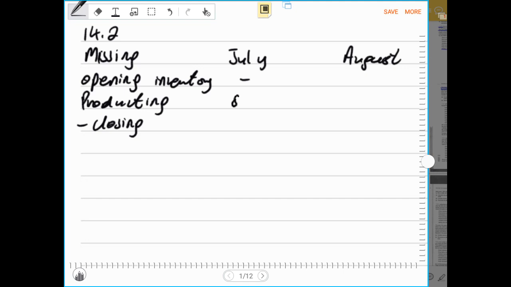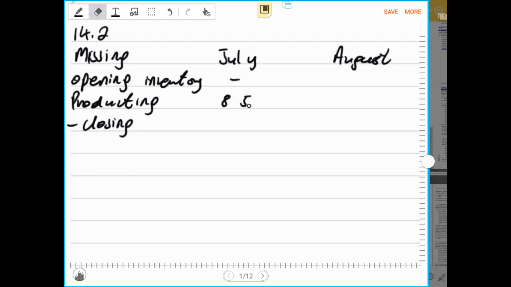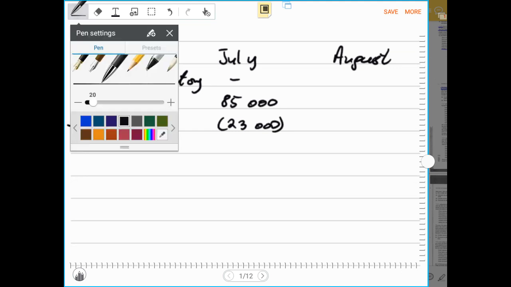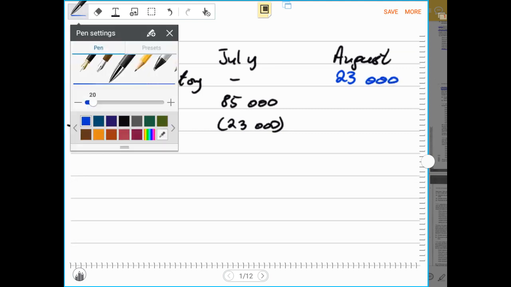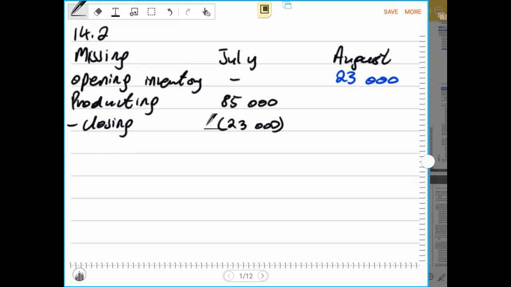Production is 85,000 units, and our closing was 23,000 units. We know that closing becomes opening of the next month. Therefore this closing will be the opening of the following month, which is 23,000 units as opening in the month of August, which was closing in the month of July.